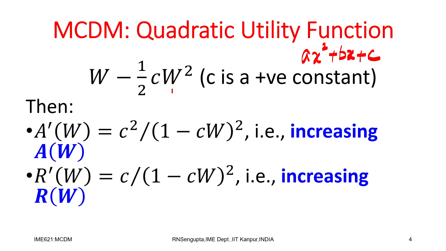So, if I find out u prime, this will be 1 minus half c into 2 w.